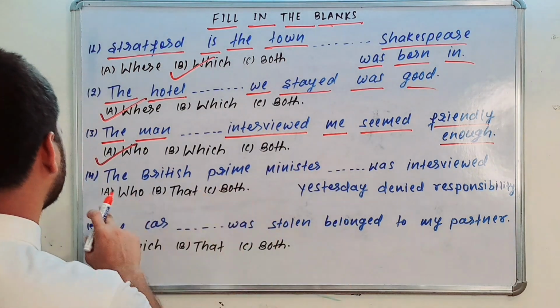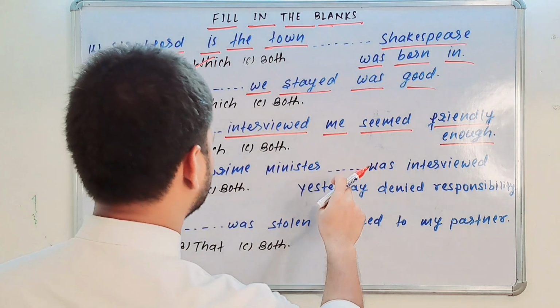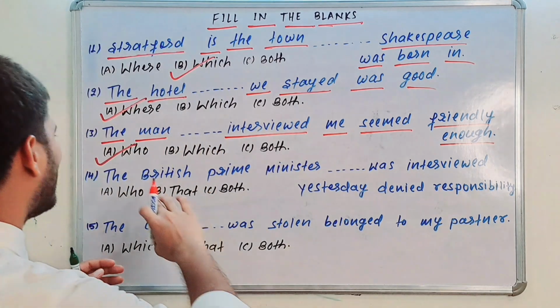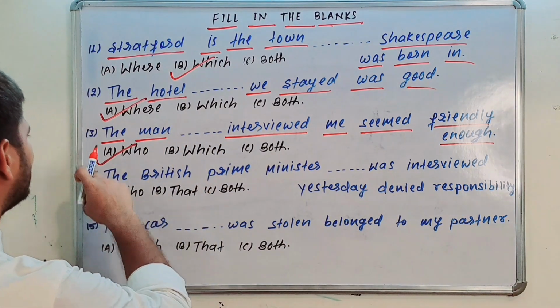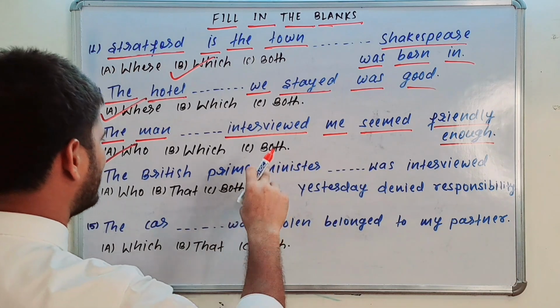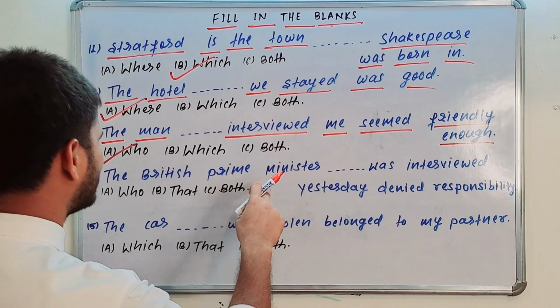So now let's come to the fourth question. The British Prime Minister dash was interviewed yesterday, denied any responsibility. I think the fourth question is also related to the third question. Again, someone is discussing a person, basically the Prime Minister of Britain.